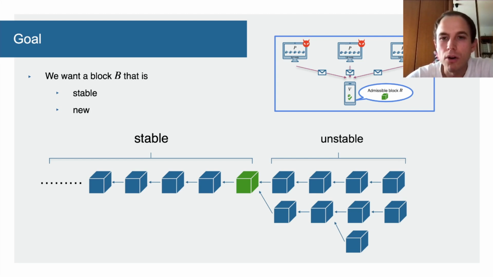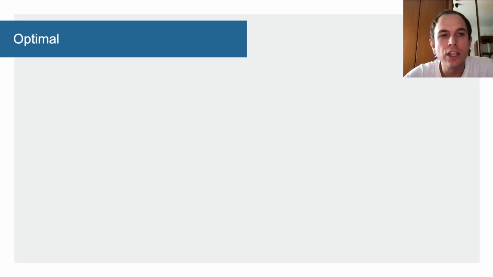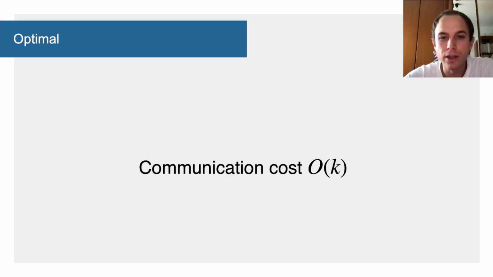And we call this block an admissible block also in the paper. And what do we want to achieve in terms of efficiency? We say that we are optimal in the title of the paper. And what we mean by this is that the communication complexity should be constant, or it should be dependent only on what we choose to be this K.